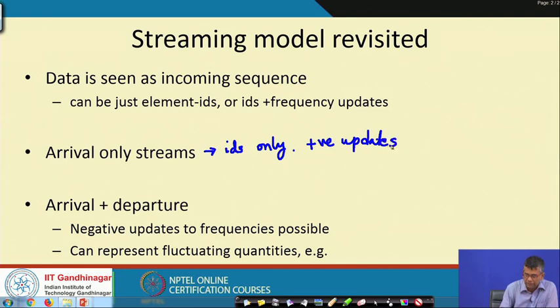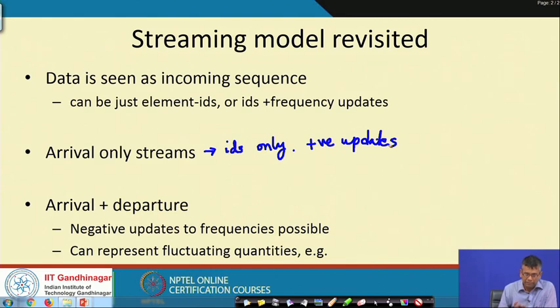That is, you are never having to delete an element. The most powerful model, however, is when you can combine both arrivals and departures.